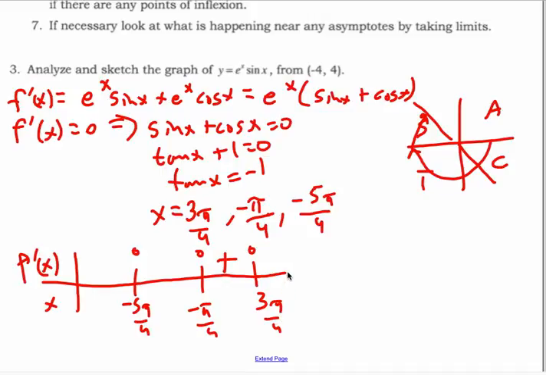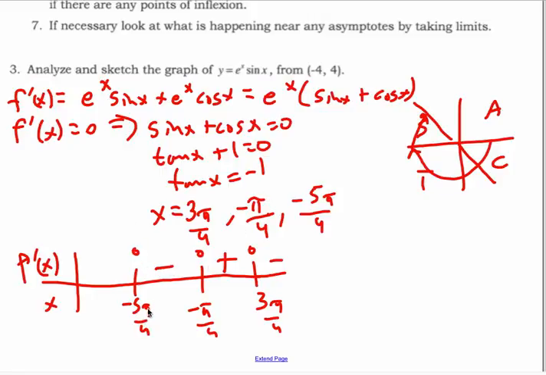Bigger than 3 pi over 4 would be like pi. If you plug in pi, well, this is going to always be positive, you don't have to look at that. Sine pi is 0, cosine pi is negative 1, so it's negative. And in this region, in between these two values, we have negative pi. Sine negative pi is 0, cosine negative pi is negative 1, so it's going to be negative.